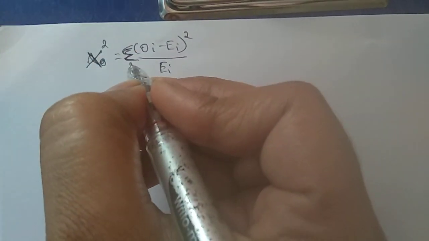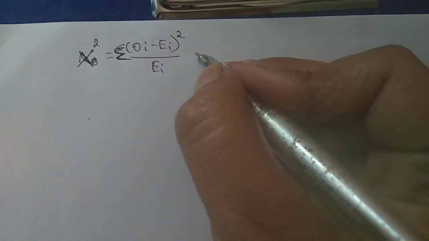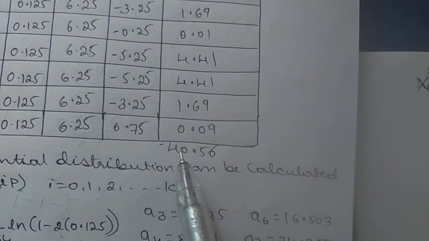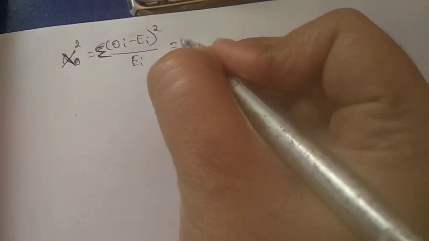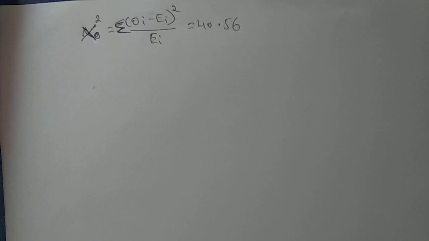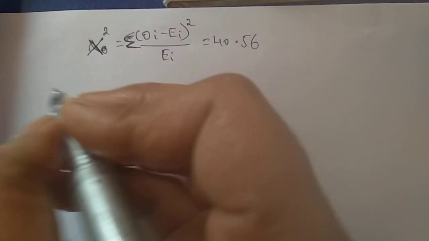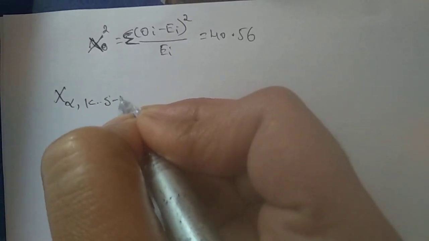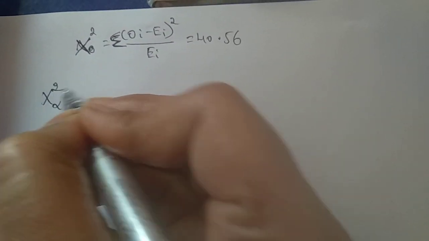X naught square is summation OI minus EI whole square divided by EI. That we have already calculated, that is 40.56. So this is equal to 40.56. Now what do you have to do? You have to find out x alpha comma k minus s minus 1 whole square.